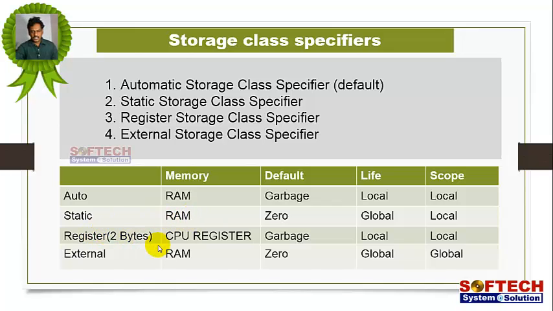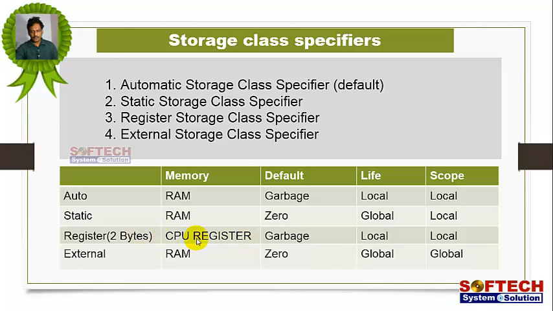So, register. If we declare a variable using the register storage class specifier, it occupies memory from a CPU register. The microprocessor has some registers. Based on that size, we call the processor a 32-bit, 64-bit or 16-bit processor. In a 64-bit processor, the microprocessor includes 64-bit memory for internal operations, that is the CPU register.